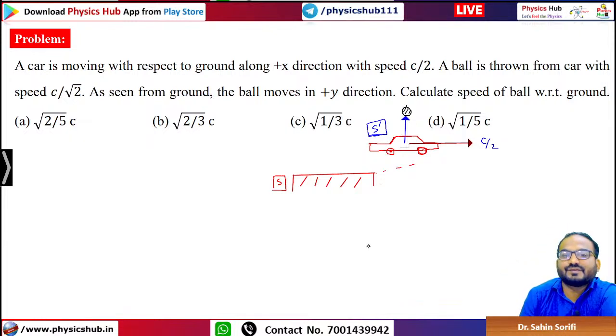So actually, this is u prime, right? A ball is thrown from car with speed c by root 2. So actually it has given you u prime, that is c by root 2. Calculate speed of ball with respect to ground, means you have to calculate the magnitude of u. Is it clear or not?